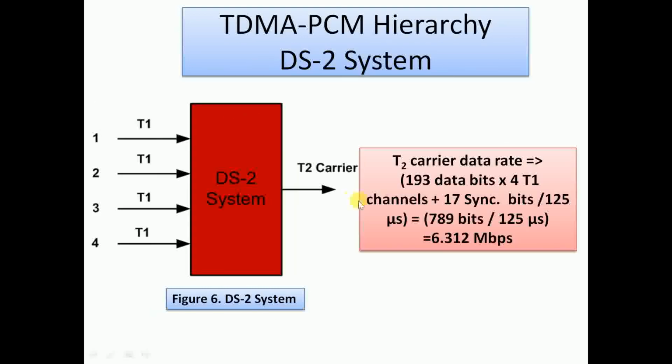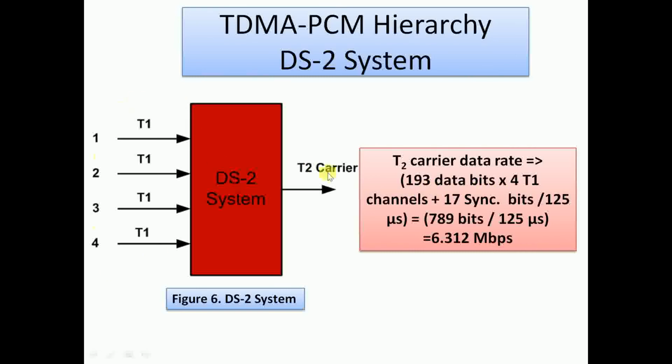Now you see the second level. Now we have digital system 2, DS2. This is a standard for multiplexing 4 T1 carriers. So the T2 carrier is generated when 4 T1 carriers are multiplexed together. Now you can see the calculation of the data rate. Through one channel there is transmission of 193 bits.